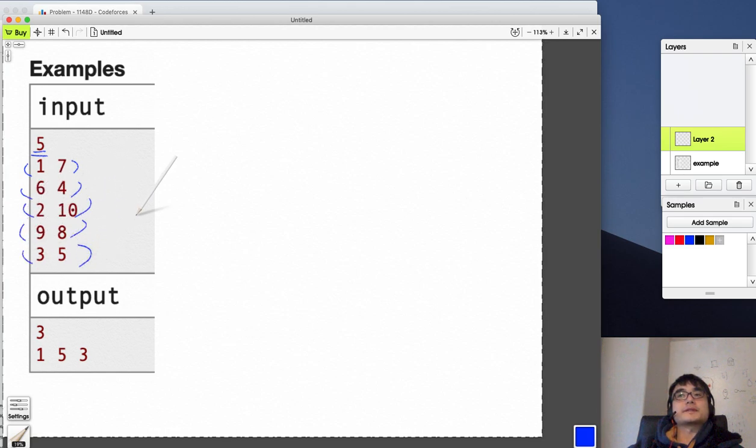And we are going to reorder these number pairs so that the resulting array is a zigzag array, right? In this case, first we give all of them an index, right? 1, 2, 3, 4, 5.